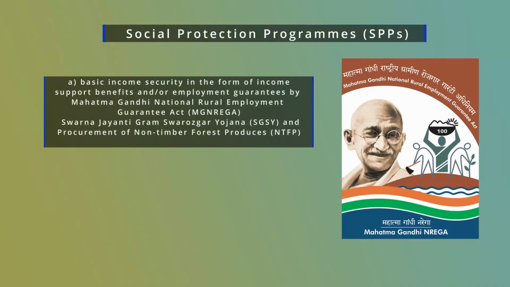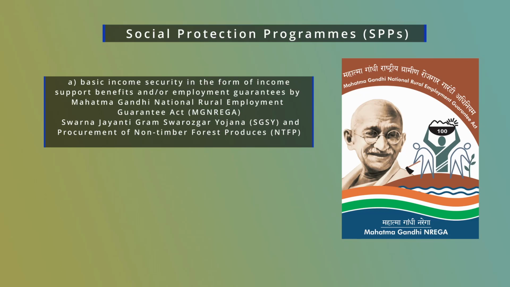related to the Mahatma Gandhi National Rural Employment Guarantee Program, Swarnajayanti Gram Swarozgar Yojana, and NTFP, that is, procurement of non-timber forest product. These three programs, MGNREGA, SGSY and NTFP, are directly and indirectly able to generate income as well as employment for the households.